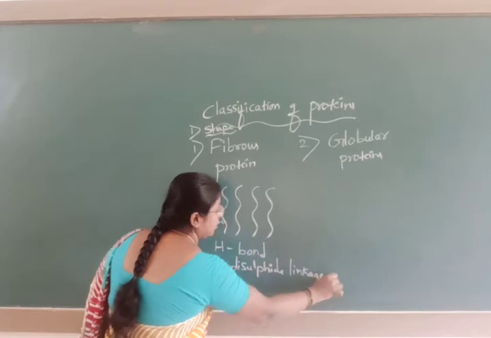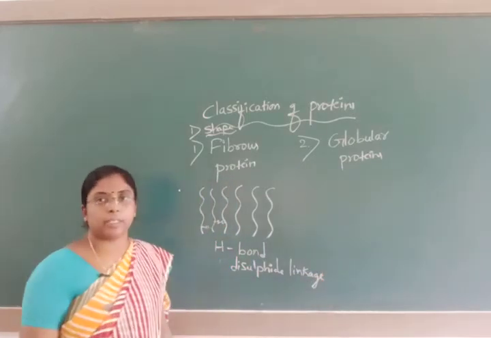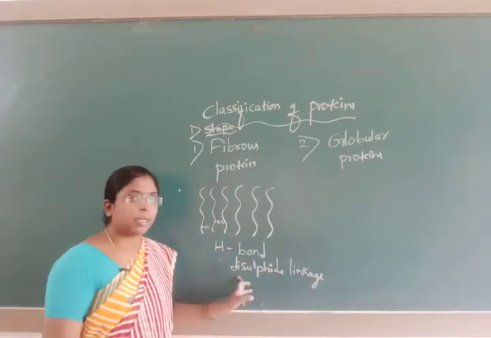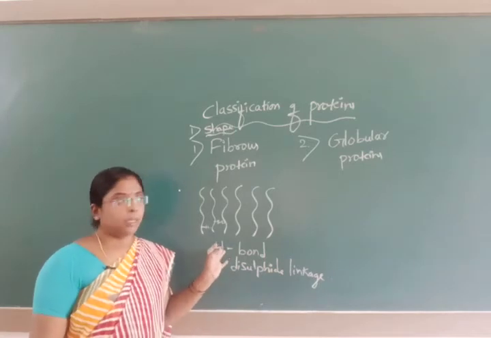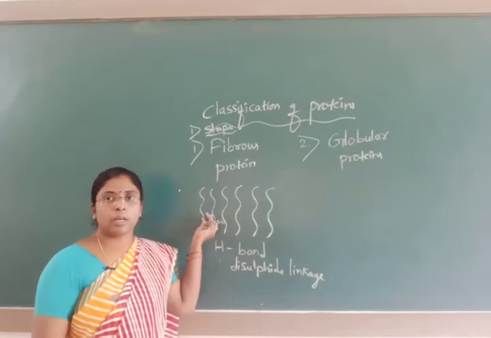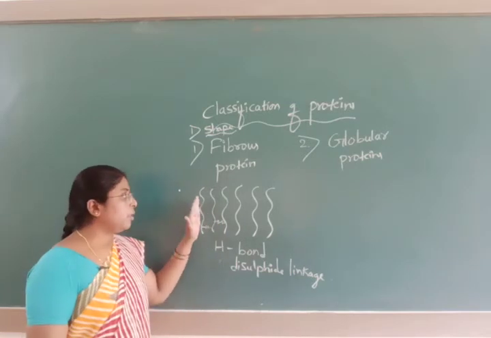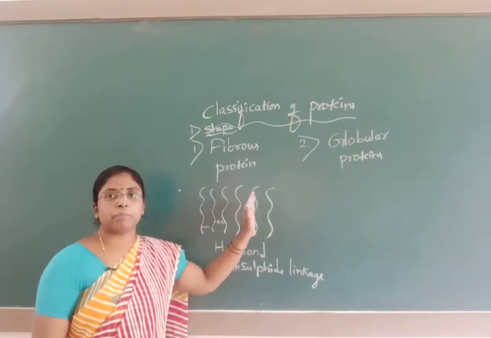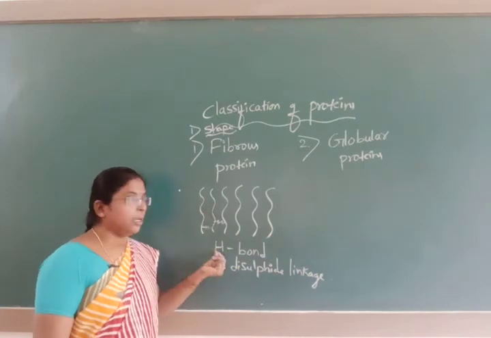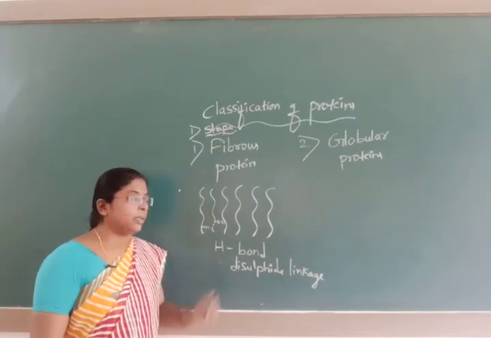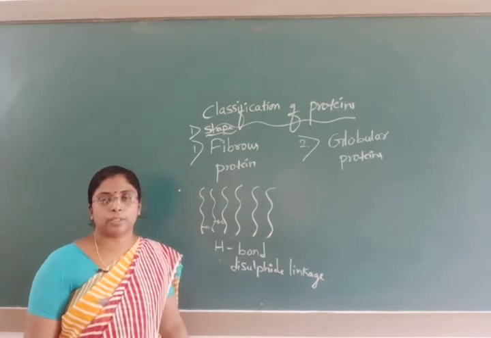In fibrous proteins what type of linkage is present? Disulfide linkage, and they also have intermolecular hydrogen bonds. The polypeptide chains which are parallel to each other are held together by hydrogen bonds and disulfide linkages.